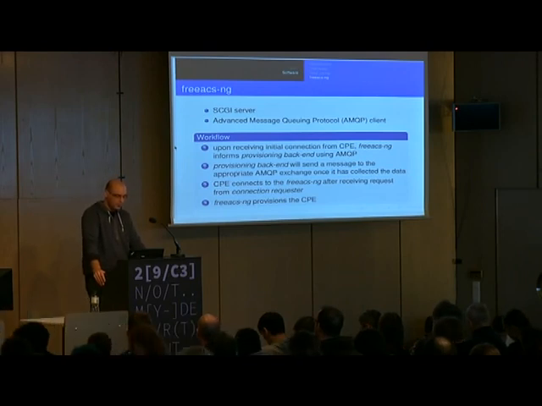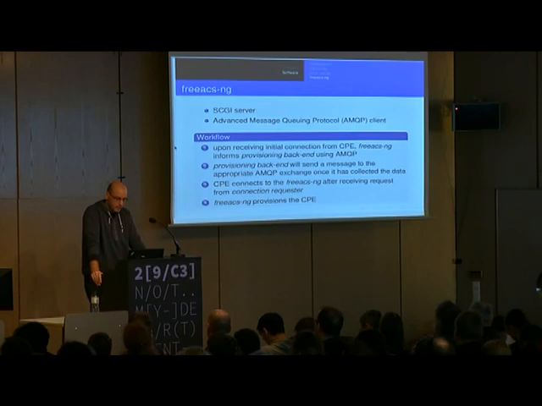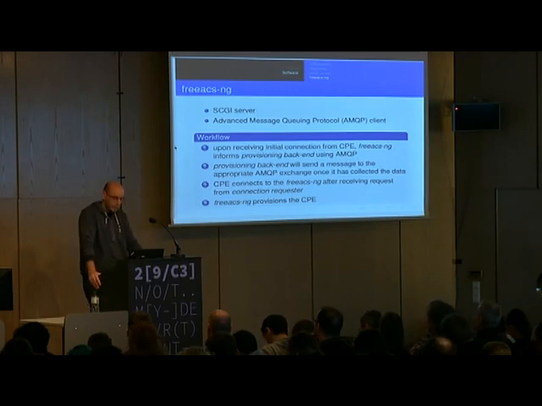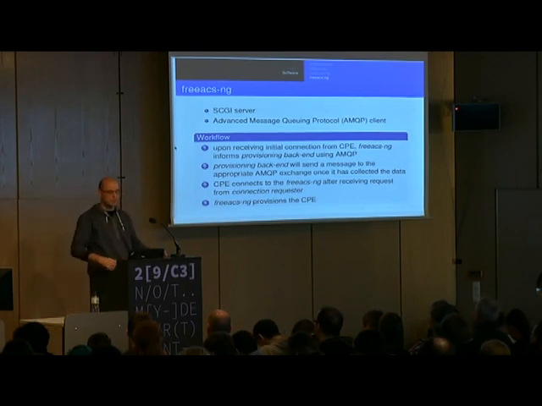So at the moment, the workflow is something like this. FreeACS-NG receives an Inform connection message from the CP and sends the message to the backend AMQP. The provisioning backend will then pick up this message and will do some magic, right?